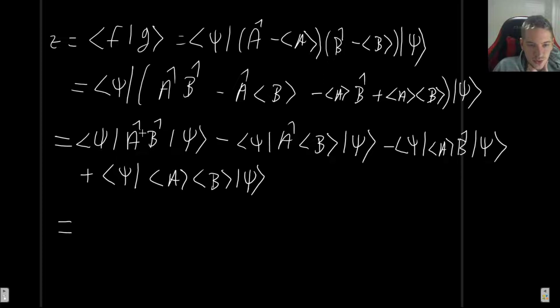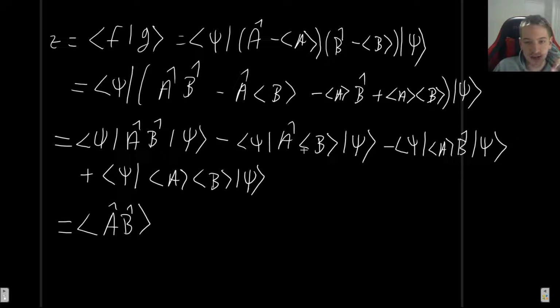So what can we do with this? Well, let's take a look at it. What we have here, A acting on B, is basically another operator. So what we have here is just going to be the expectation value of this operator AB. What do we have here? Take a look at this. What is the expectation value of B?